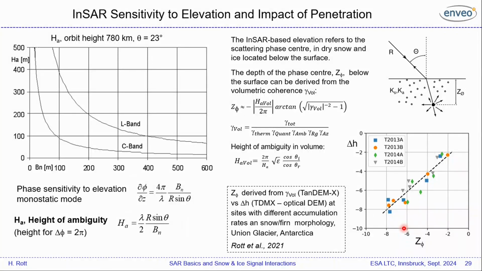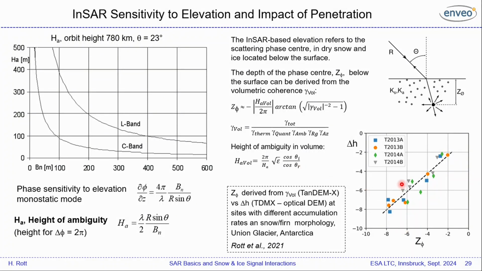It's near the mountains, the Ellsworth Mountains, very different within a small area. 2 to 8 meters difference, so it's really not easy to get a correction there without this volumetric coherence. I mean, it was an area maybe within 30 times 30 kilometers only.